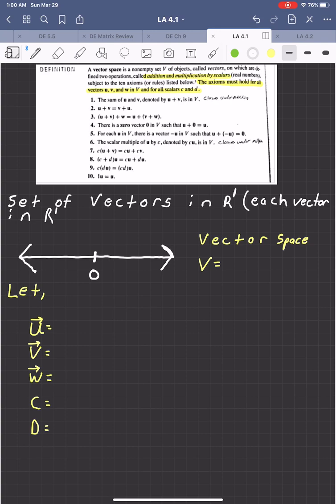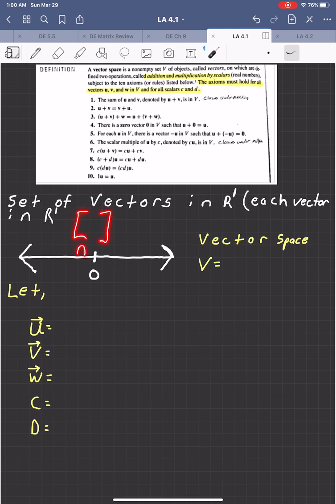Now, all I'm going to do really quickly, I'm not going to actually go through this, but take, for example, the set of vectors in R1, right? This would simply be a line. We're dealing with numbers on a line. And what would each vector look like in R1?